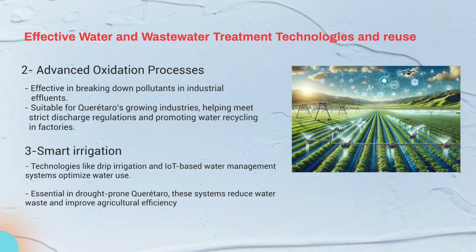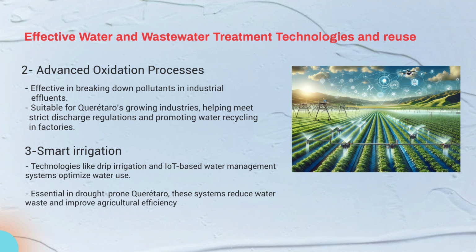In addition to the previous technologies, advanced oxidation processes offer significant benefits. They are highly effective in breaking down pollutants in industrial wastewater, which can enable factories in Querétaro to meet discharge standards and improve water recycling.